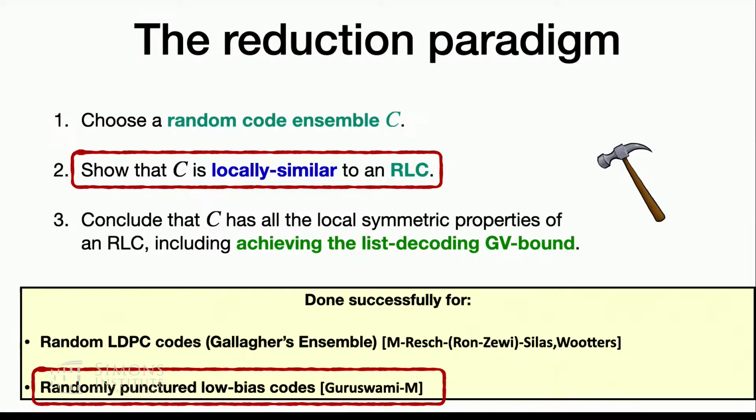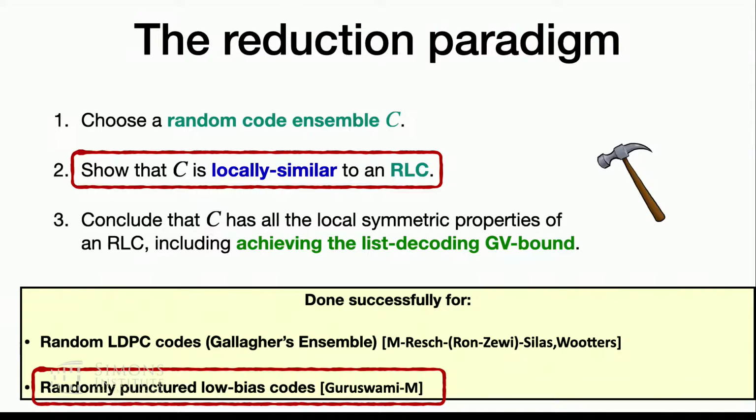And later, this was also done for a set of ensembles, randomly punctured low bias codes. Okay, so you start from a code of low bias. A code of low bias is, in the binary case, just think of a code that has good distance, where the weights are close to 1/2, but also from above, like the weights are not too small, but they're also not too large.